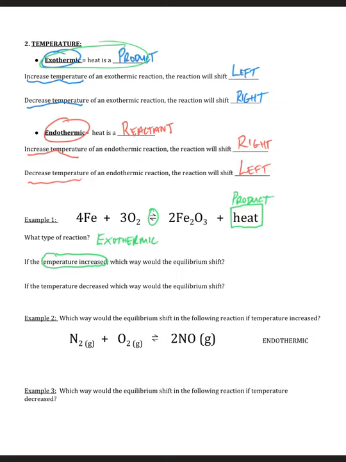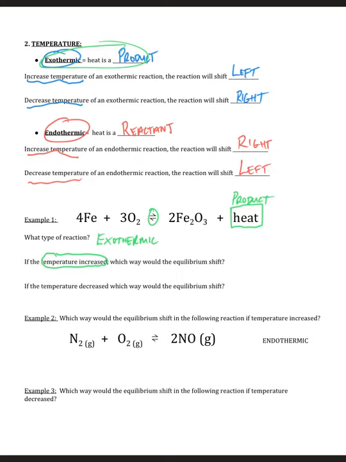Well, if temperature is increased, it's going to shift away from the heat in order to bring that temperature back down. So think of your body, for example. If you increase your body temperature, say you're hot, you're going to do things in order to decrease your temperature back down and get back to equilibrium, such as taking a cold shower or turning on the air conditioning or going in front of a fan.